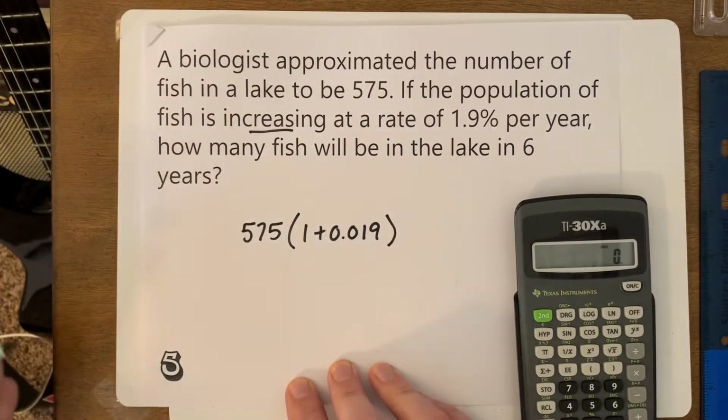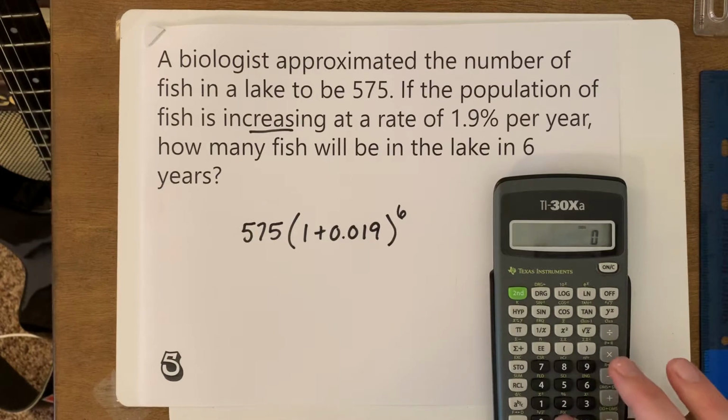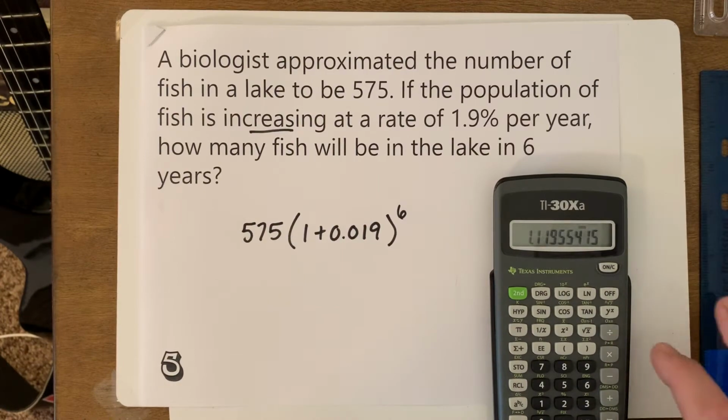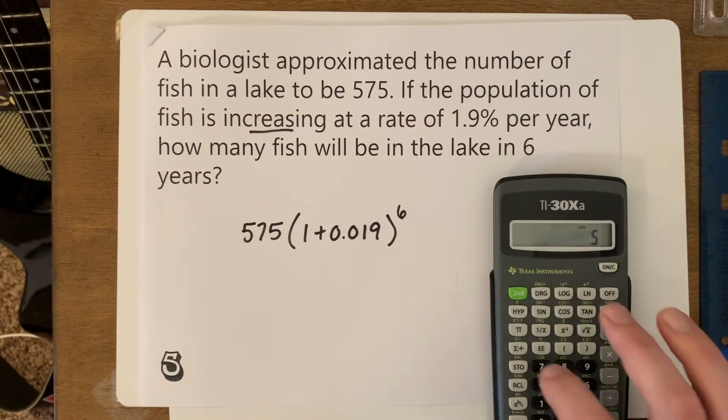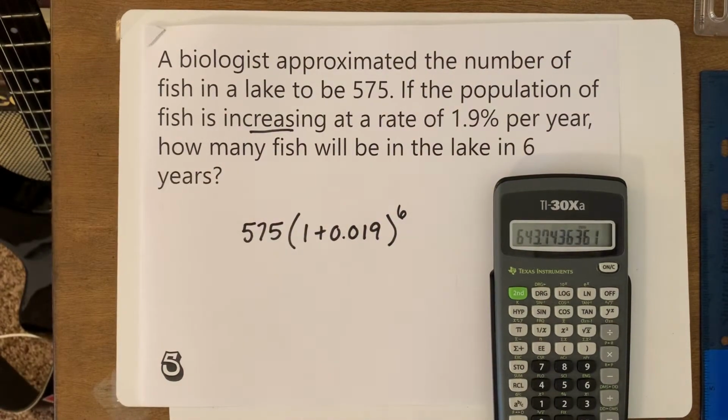Okay, we're going to raise that to the 6th power because it says 6 years. And now we calculate 1 plus 0.019. Okay, so we're going to raise that to the 6th power. And then we're going to multiply by 575. And we get 643.7436, and so on.